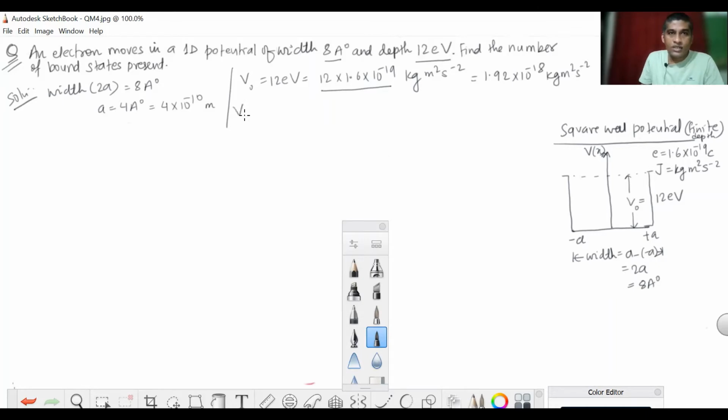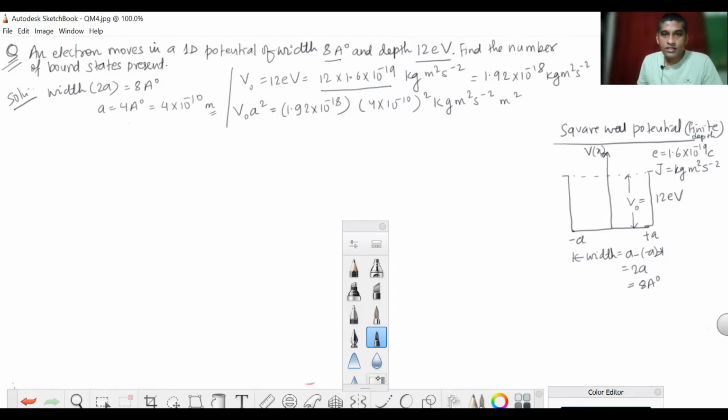Now let us find V naught a square. I shall discuss why later; first let us find its value. V naught is 1.92 into 10 to the power minus 18, and a is 4 into 10 to the power minus 10, whole square. For V naught we have the unit kg meter square second to the power minus 2, and a is in meter, so we have meter square.